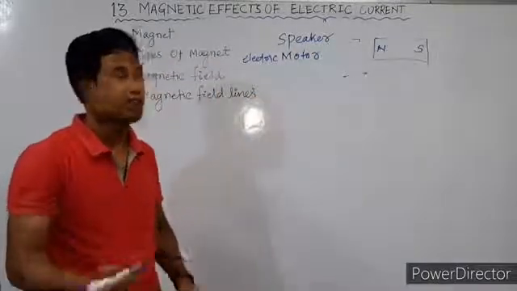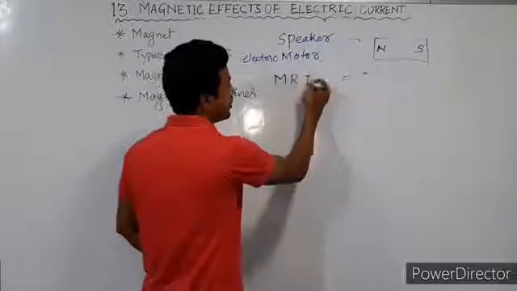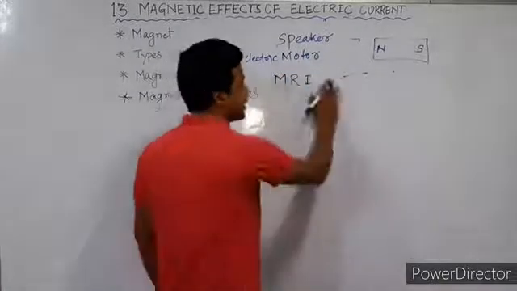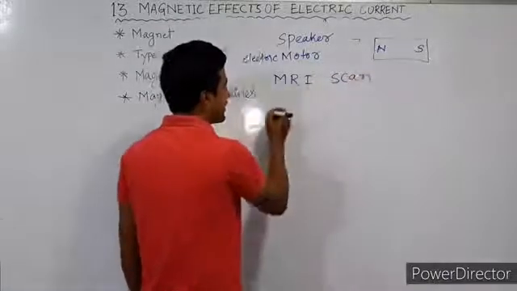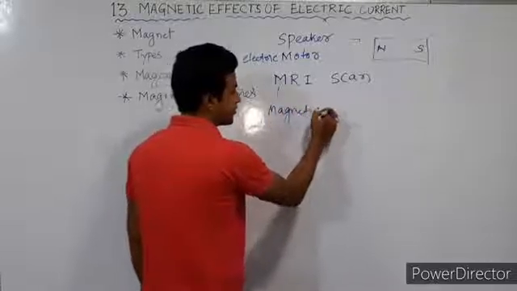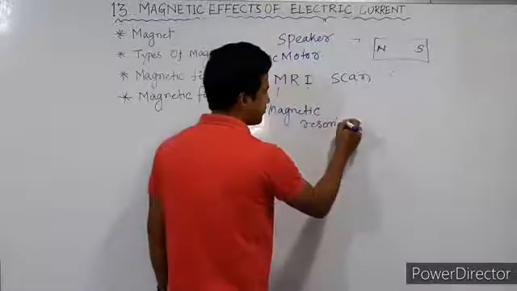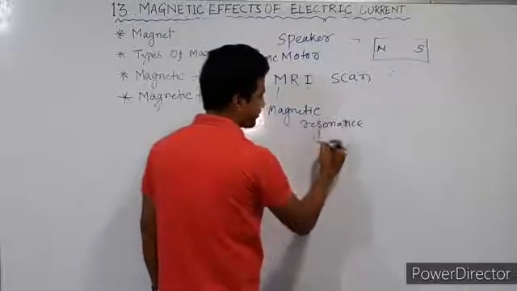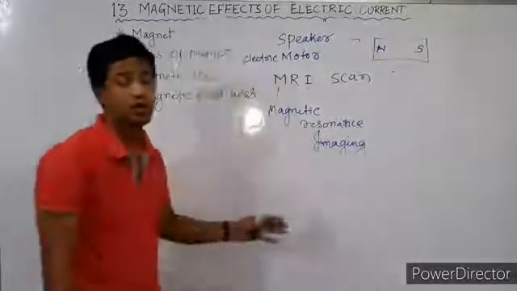Another one is MRI. All of you might have heard about this, the MRI scan. So what does MRI mean? Magnetic resonance imaging. What is this MRI scan all about?